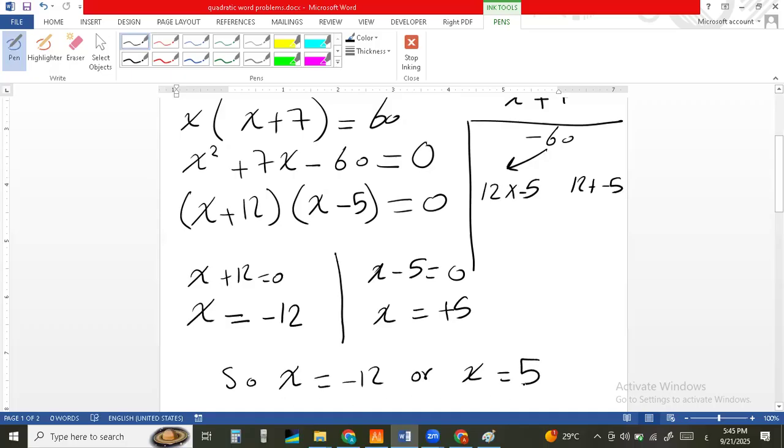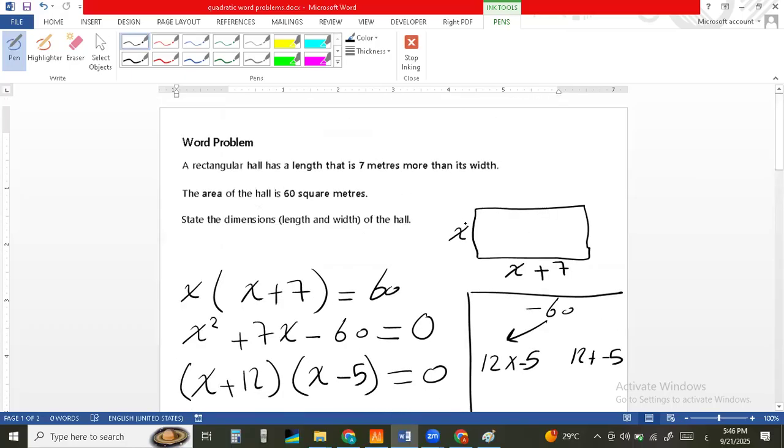But in this case, x cannot be equal to negative 12. Why? Because we're talking about width. You're telling me the width is negative 12 meters? This is impossible. Have you ever heard about distance in negative?